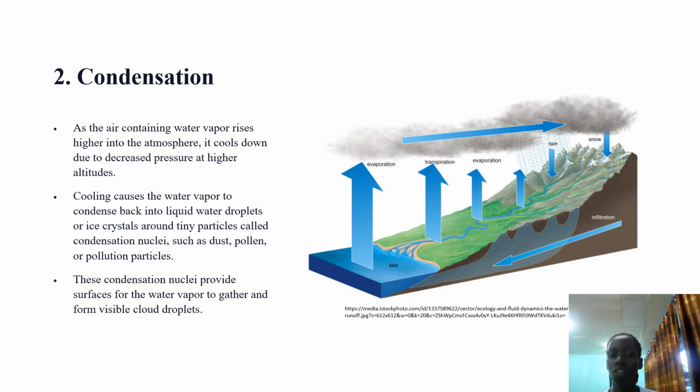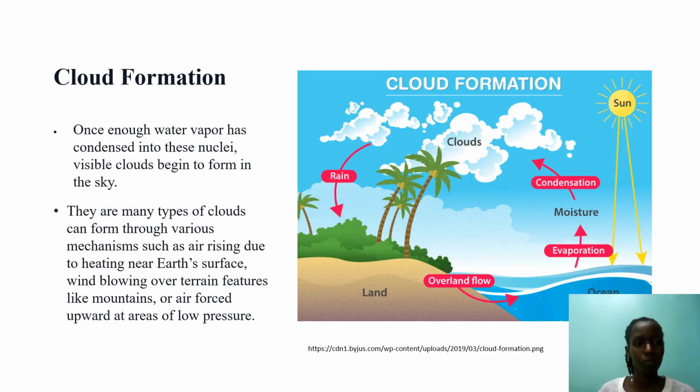The second step is condensation. Condensation is the process where air containing water vapor rises high into the atmosphere. It cools due to the decreased pressure at high altitude. This cooling causes the water vapor to condense back into water droplets or ice crystals around tiny particles called condensation nuclei. The last step is cloud formation.